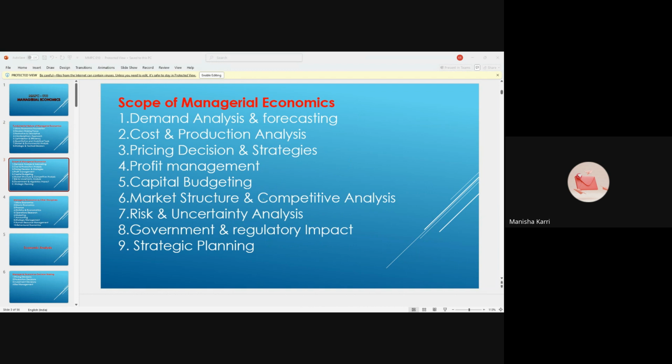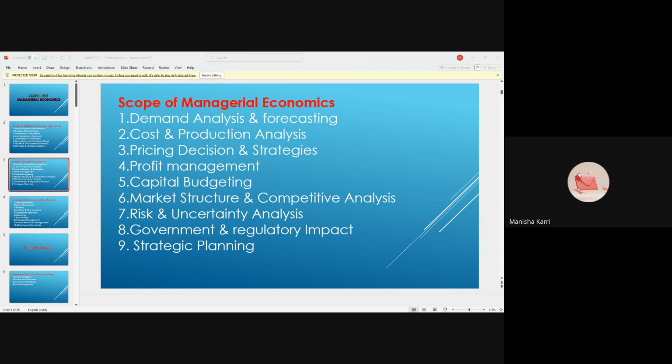Here we analyze the nature and dynamics of different market structures, for example monopoly, oligopoly, and perfect competition, to develop competitive strategies. Next one is risk and uncertainty analysis.